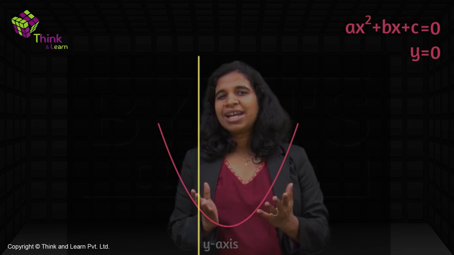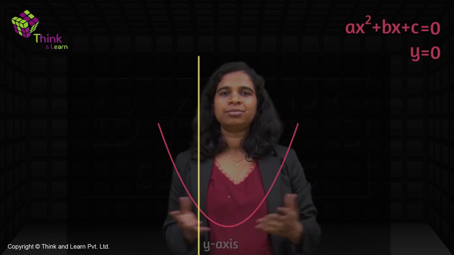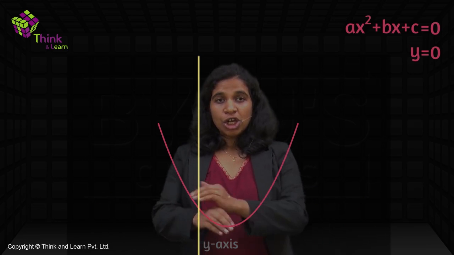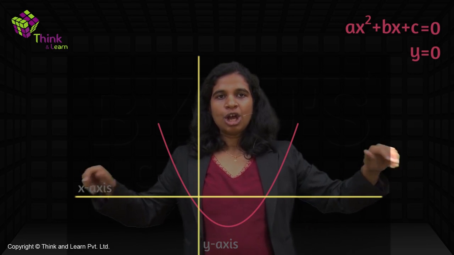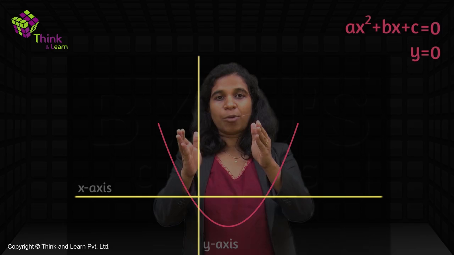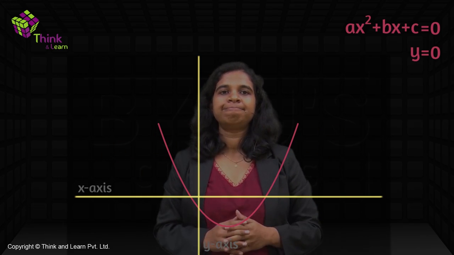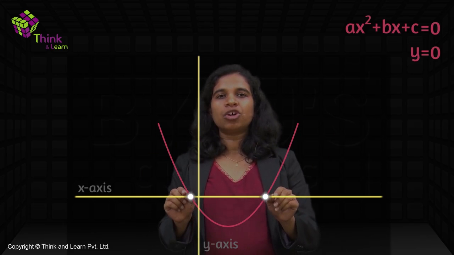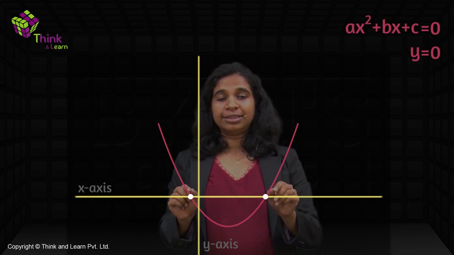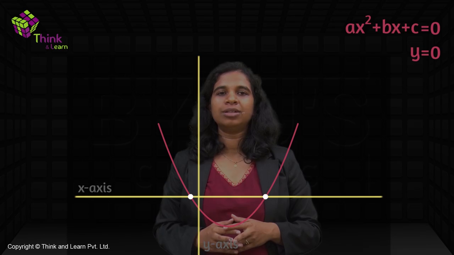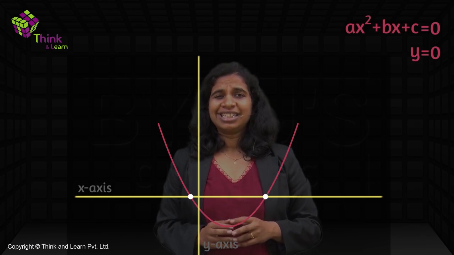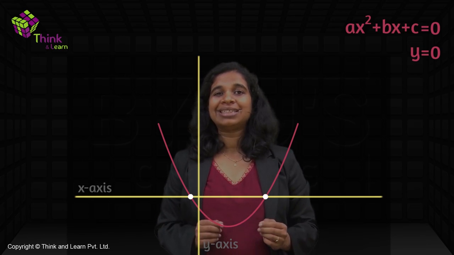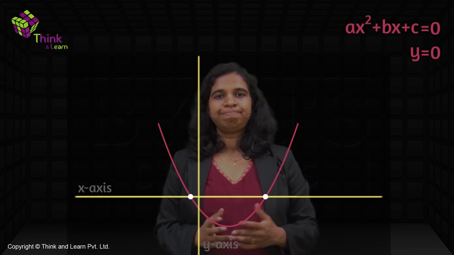On your graph, when is y equal to 0? On the x-axis, correct? So if I draw the x-axis here, wherever the x-axis cuts my polynomial, that is where I get my zeros. So these 2 points are nothing but the roots of your quadratic equation, or the zeros of your quadratic polynomial. As simple as that. It's nothing but the point where the x-axis cuts your graph.